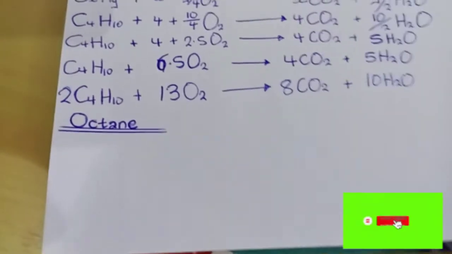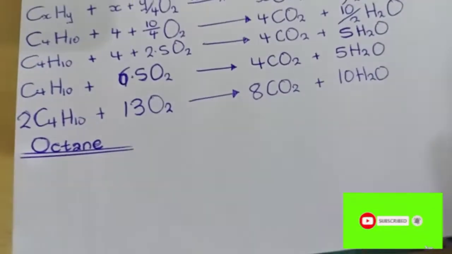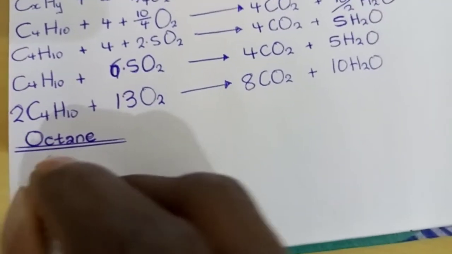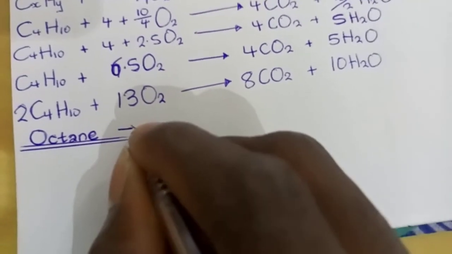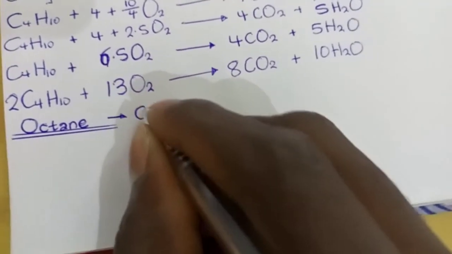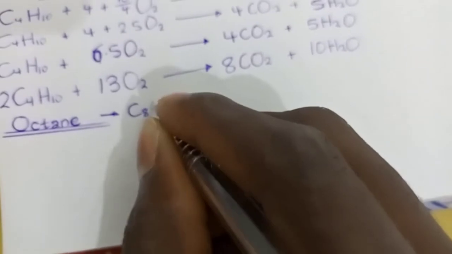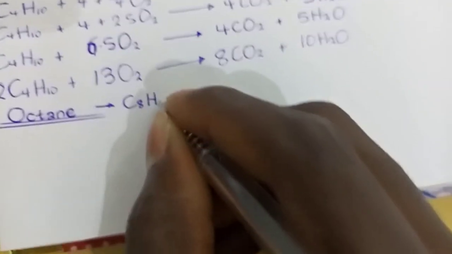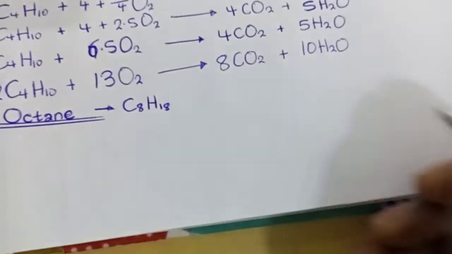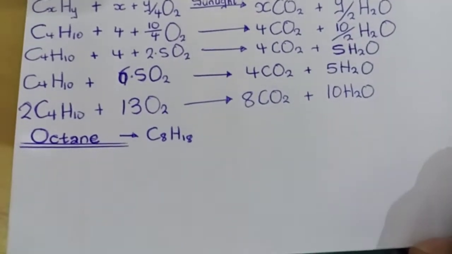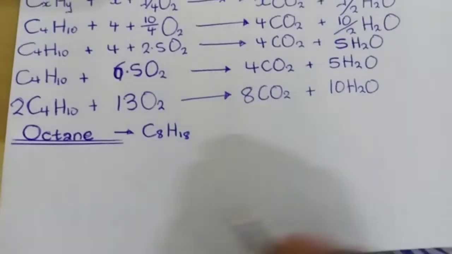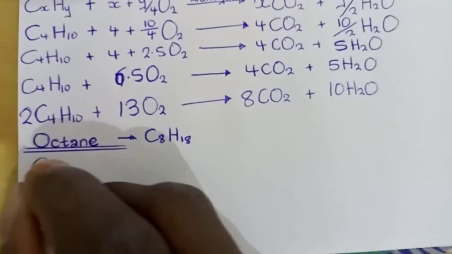So our second example is octane, and we all know the formula for octane goes like this. So let's try to balance the combustion reaction for octane. So the reaction should go this way.